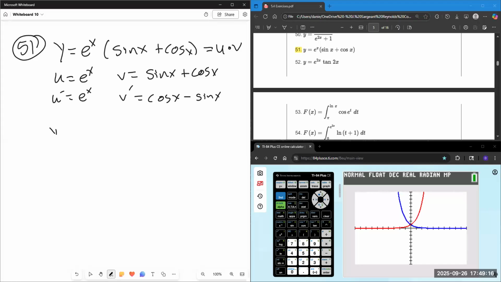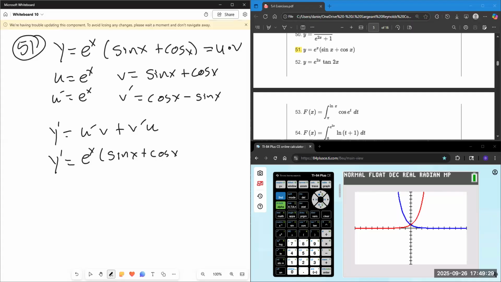My y prime will be u prime v plus v prime u, since it's a product rule. y prime is e to the x times sine of x plus cosine of x plus v prime u, e to the x times cosine of x minus sine of x.